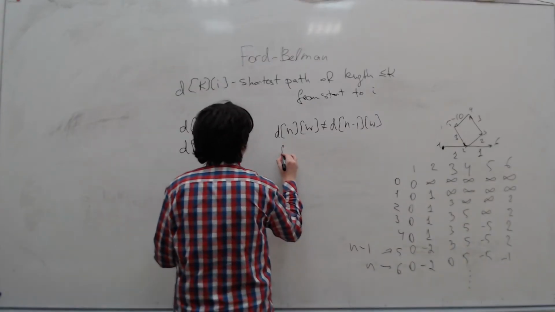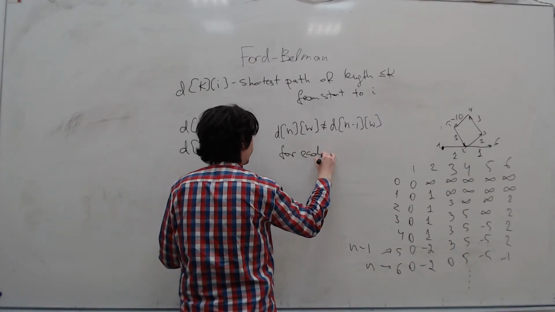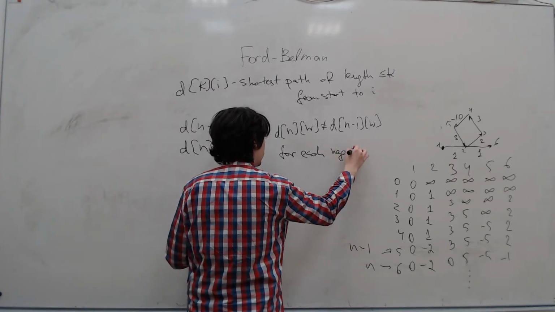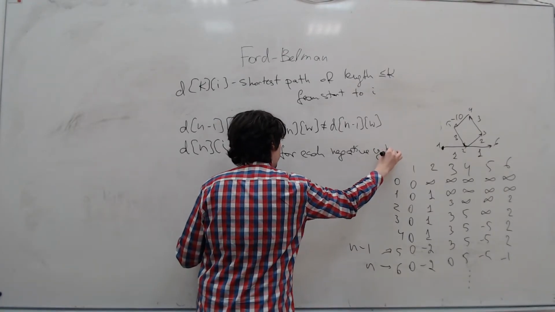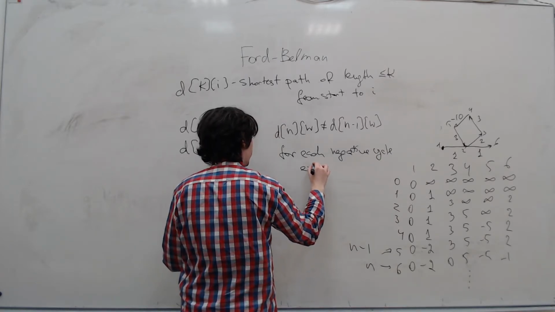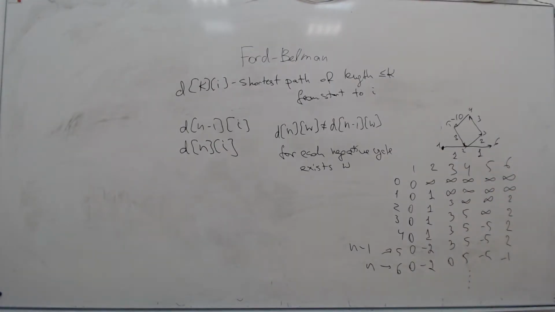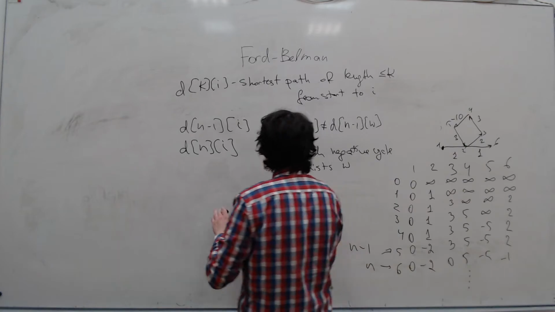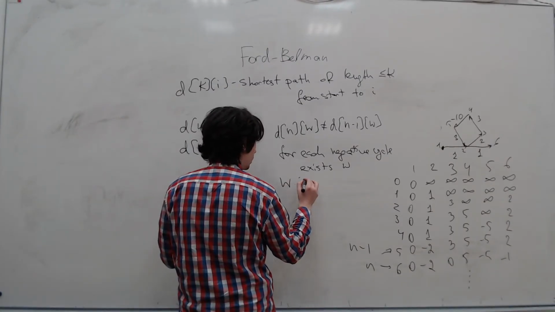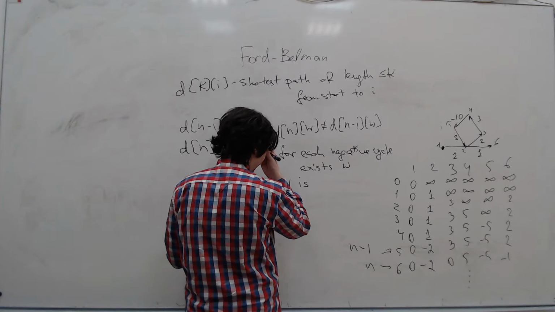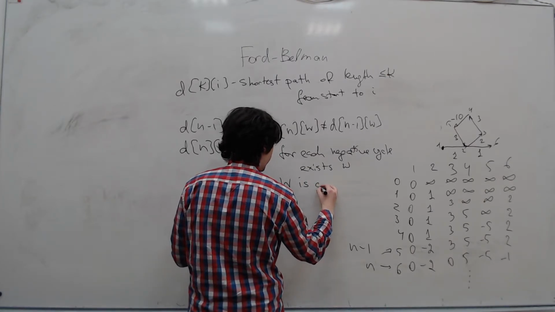For each negative cycle there exists such a W, so it is a little bit different. So we have updated for 6 and 3, and 3 will be on the negative cycle. So this is the negative cycle. The W here is connected to the negative cycle.